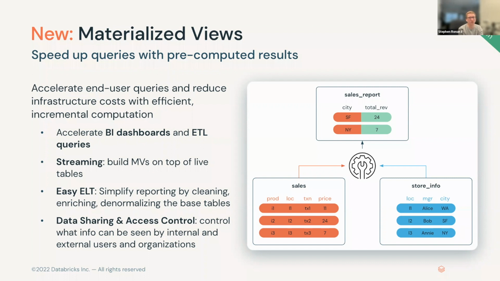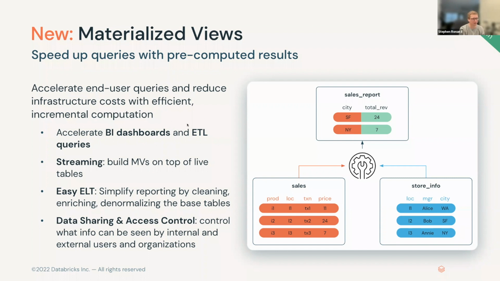A view is essentially just code that executes whenever you execute something like a select star from view A. View A isn't already made. It's computed on the fly whenever you hit select star from view A, right? A materialized view allows you to not have that compute happen on the fly. It allows you to have pre-computed results.